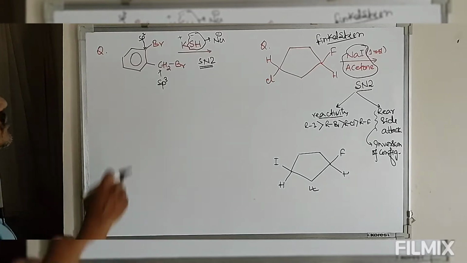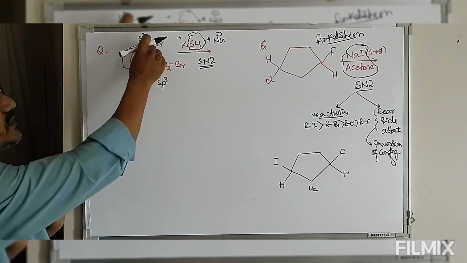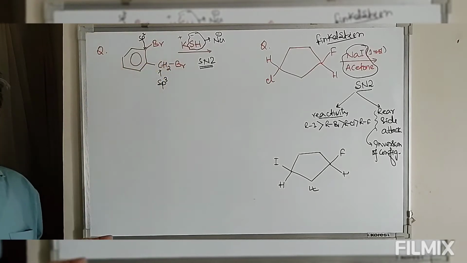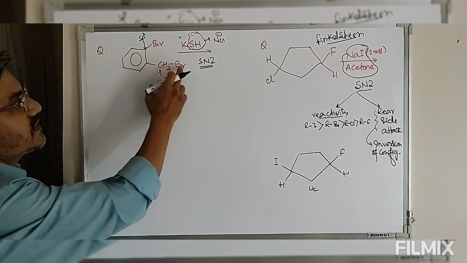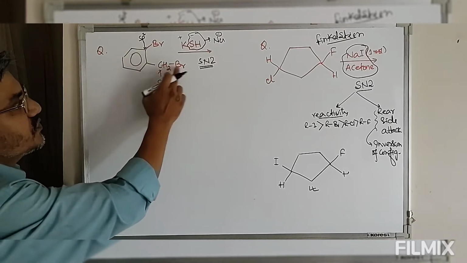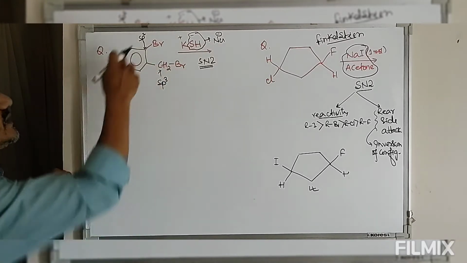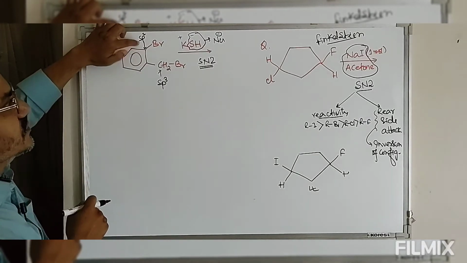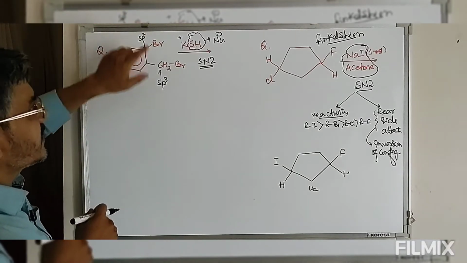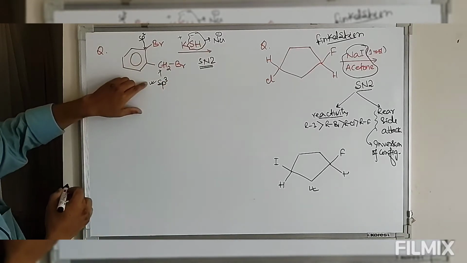Because this is sp2 Br, this bond length is shortened, and a shortened bond length means the bond strength will increase, whereas this is sp3 Br. The sp3 Br bond being a longer bond, this bond is weaker than this sp2 Br bond. So this being aryl, no reaction takes place. The substitution reaction has to take place at this sp3 hybridized alkyl halogen bond.